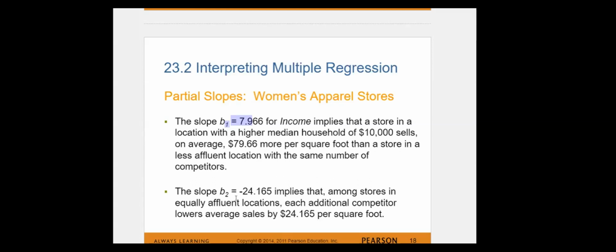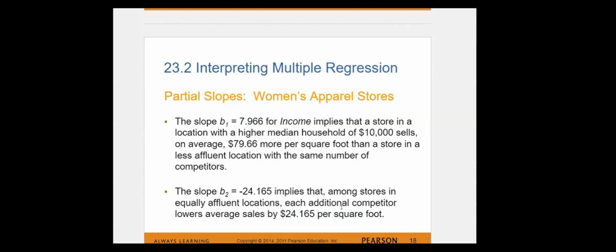How about the B2 or slope of competitors? Negative 24.1 implies that among stores in equally affluent locations, each additional competitor lowers the average sales by $24 per square foot.